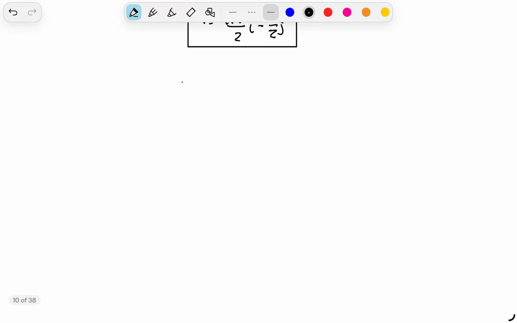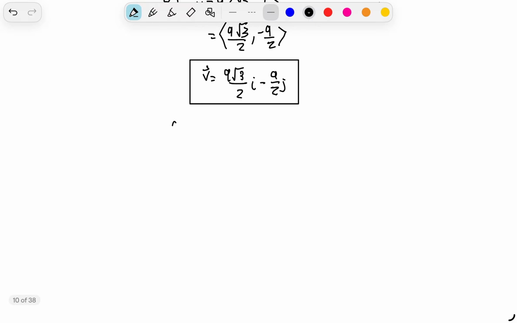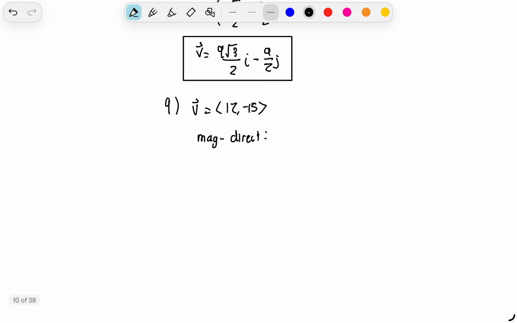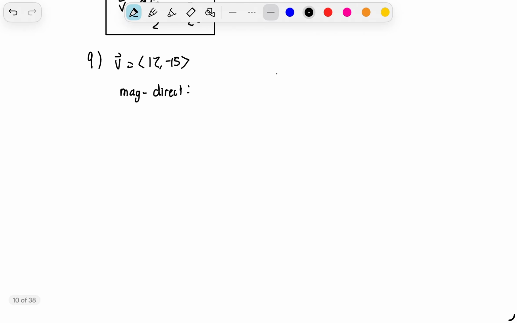Now, for our next question, let's say that we have a vector that is 12, negative 15. Let's find the magnitude direction form. So what we would do first is we need to find the magnitude for our vector, which is vector AB.